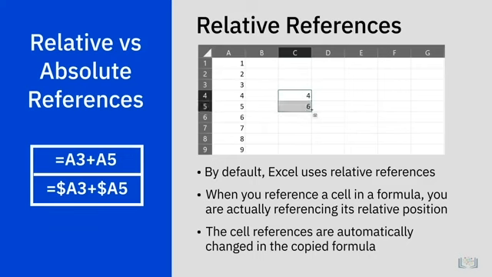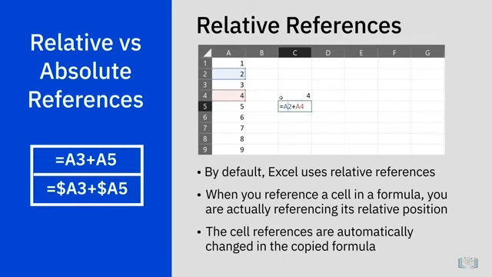That is why, when we have been copying formulas from one cell to another so far in this course, using either copy and paste or the fill handle, we haven't needed to modify the cell references because Excel assumes you are using relative references. When the formulas are copied, the cell references are changed to match the relative positions of the cells that are being copied to.